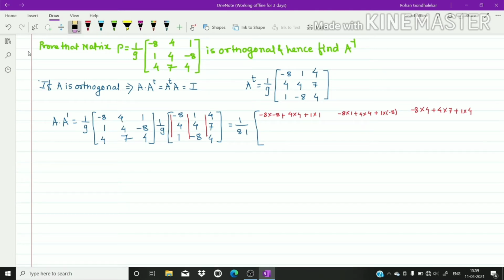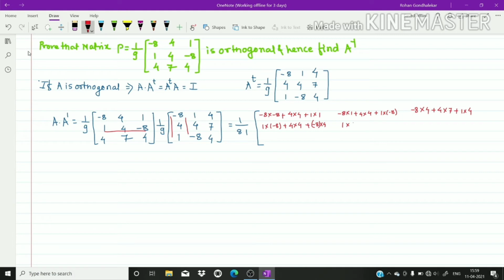Now we go for the second row. So second row into first column. So 1 into minus 8 plus 4 into 4 plus minus 8 into 4. The next, second row, second column.